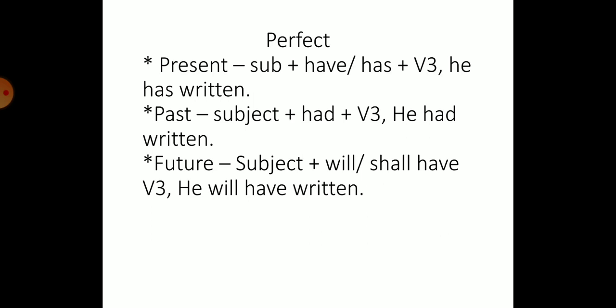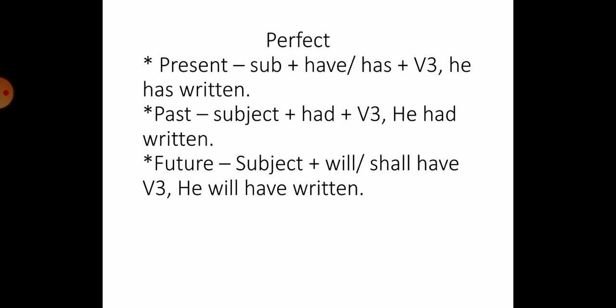Now, perfect. Let's see the formation of the present perfect, the past perfect, and the future perfect. For the present perfect, we use subject plus have or has and the verb's third form. Verb's third form means past participle, like he has written. Written, as I told you, the past participle ends with ed, en, and so on.